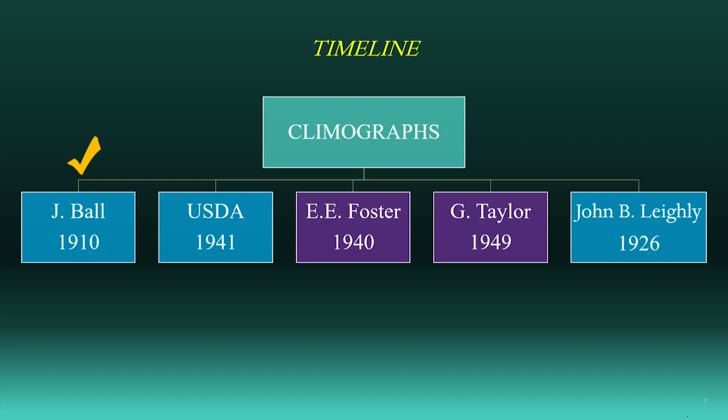Now, coming to the timeline of the climograph, various professors and geographers put forward different versions of climographs. First, in 1910, J. Ball created a visual representation of climate data, a climograph.